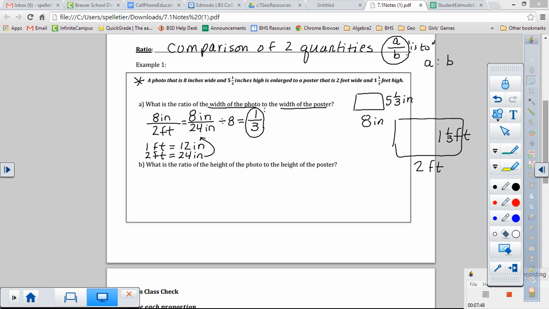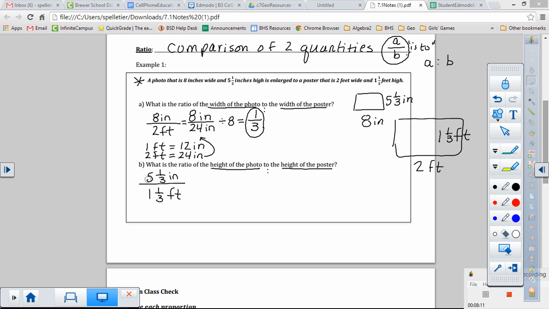We can do it again with a second example. This time we're talking about the height of the photo to the height of the poster. So the height of the photo, 5 1/3 inches, is to the height of the poster, 1 1/3 feet. We're running into the same issue we had last time. But first let's take care of the fraction problem.